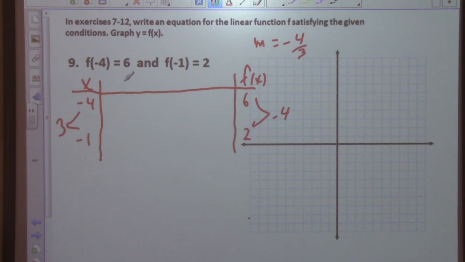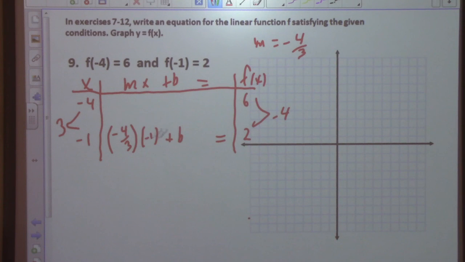So now we have mx plus b is equal to f of x, right? Which point do you want to use? Negative 1, 2. So we have negative 4/3 times negative 1 plus b is equal to 2.